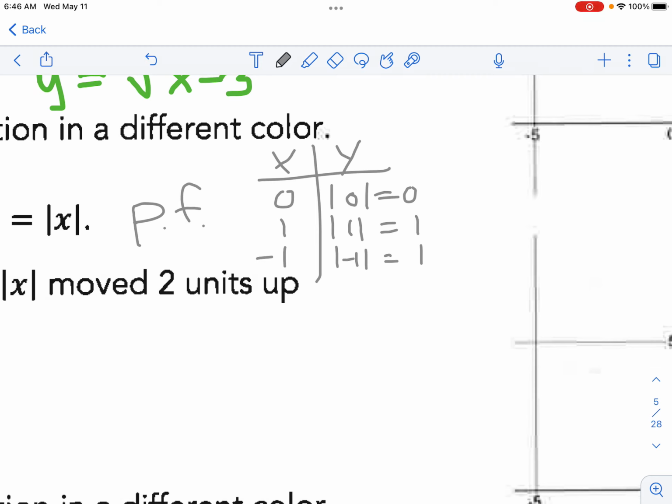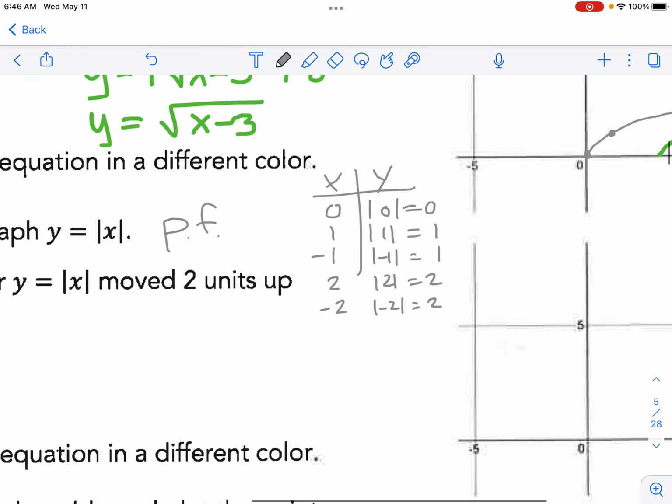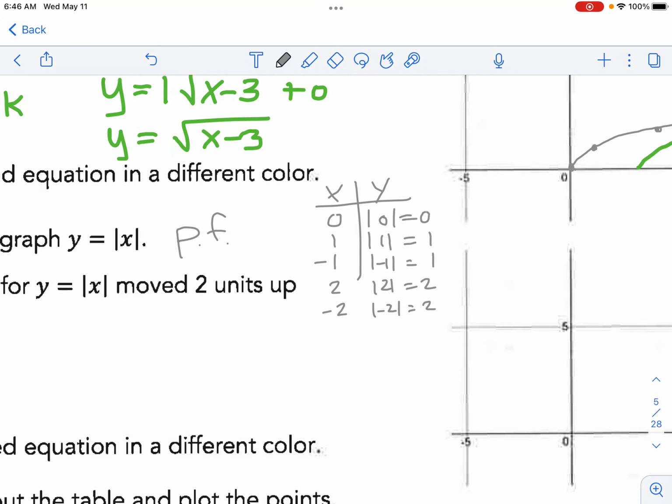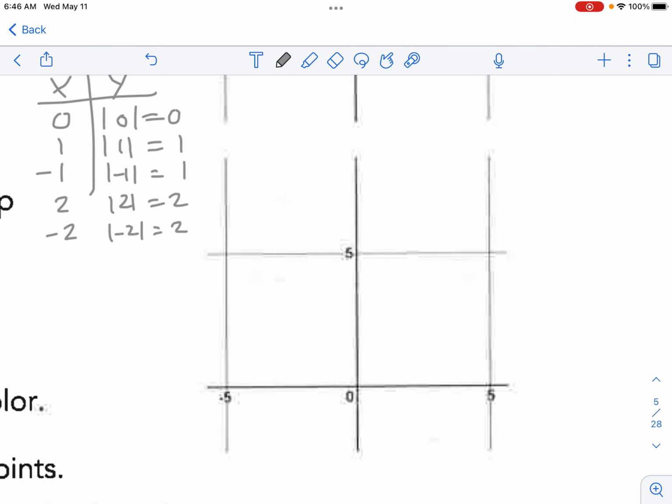My mistake. So we see this symmetry just like we did with the quadratic. I'm just going to do 2 more real quick. When x is 2, the absolute value of 2 is 2. When x is negative 2, the absolute value of negative 2 is positive 2. Kind of looks like the quadratic, but there's no curvature.